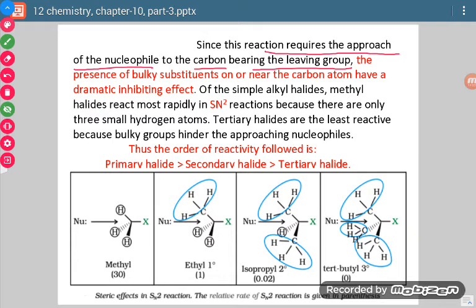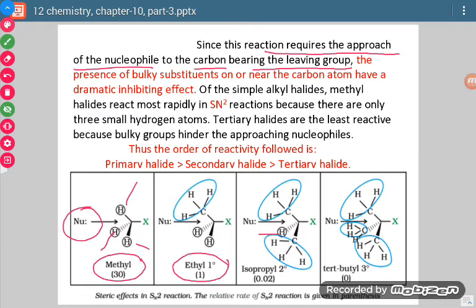Now see, when we compare the alkyl halides, in case of the methyl group we find that the carbon to which the nucleophile has to get attached is bonded to only three simple hydrogen atoms. So there is a lot of space and the nucleophile can get attached easily. In case of ethyl halide, there is one alkyl group which is bulkier, having a larger size, and that will cause a little hindrance for the attachment of the nucleophile with the carbon.